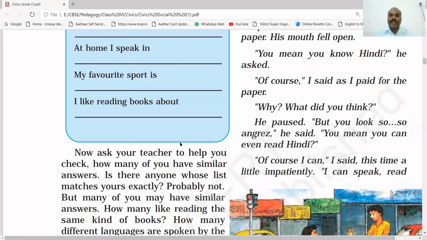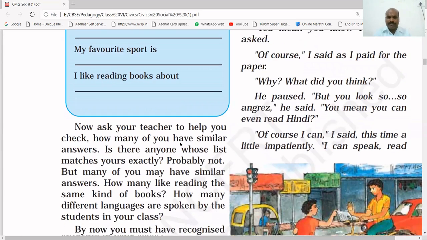You may find only differences, probably not many similarities. Maybe the language you speak may be the same. When you come to the reading of books, they are different books. Dress is also different. Within a class itself we get diversity.